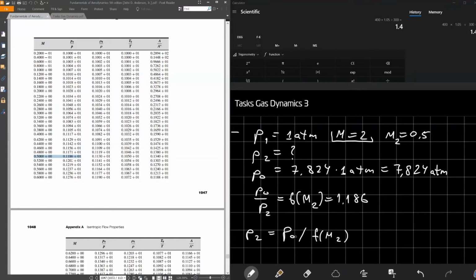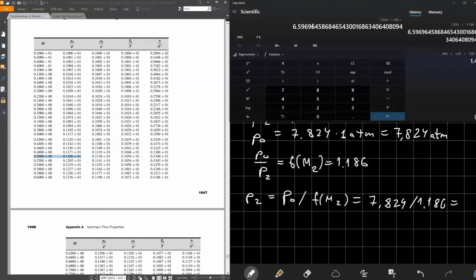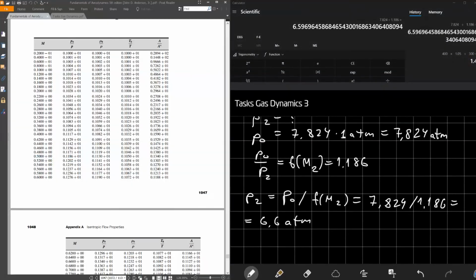You should divide, not multiply, because the static pressure is always smaller than the stagnation pressure, same as temperature and density. We are dividing by a value larger than 1, so the result will be smaller than P0. 7.824 divided by 1.186, let's see, is approximately 6.6. Okay, this is how you calculate pressure 2.